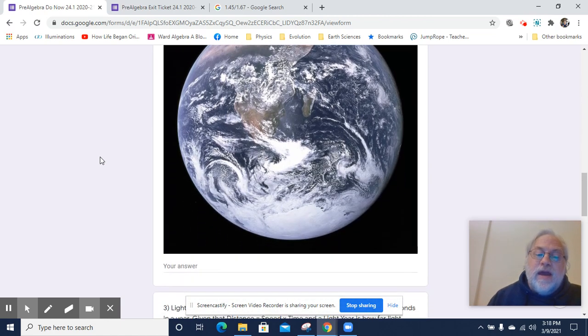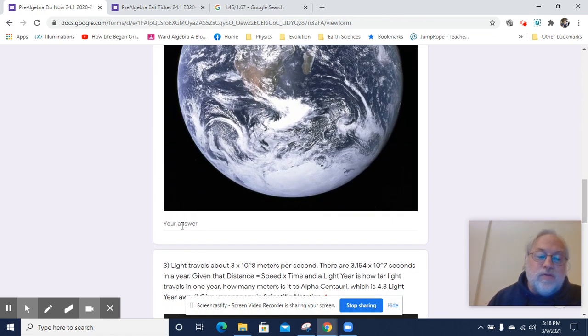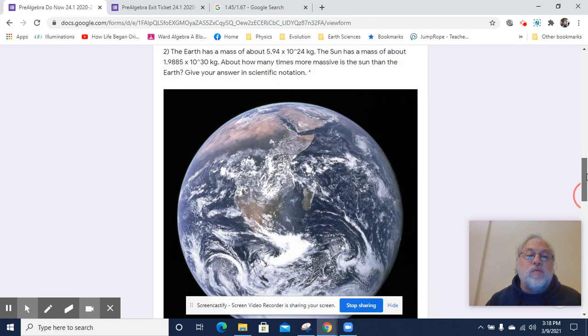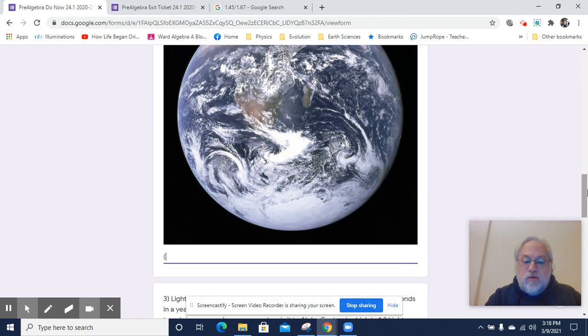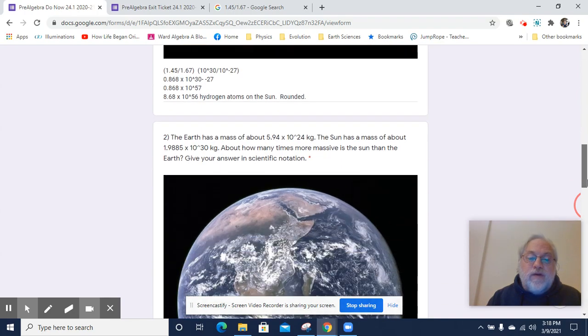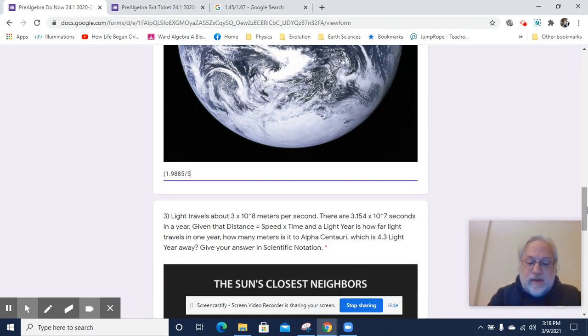When you're trying to figure out how many times more something is, you're dealing with division. So we're going to deal with the sun's mass, which was 1.9885. So we're going to group our coefficients. 1.9885, and we'll divide that by the Earth's mass, 5.94.